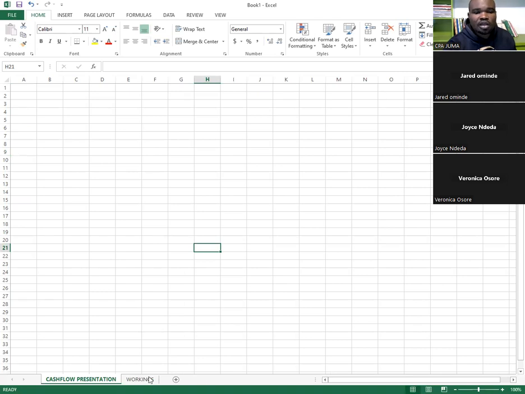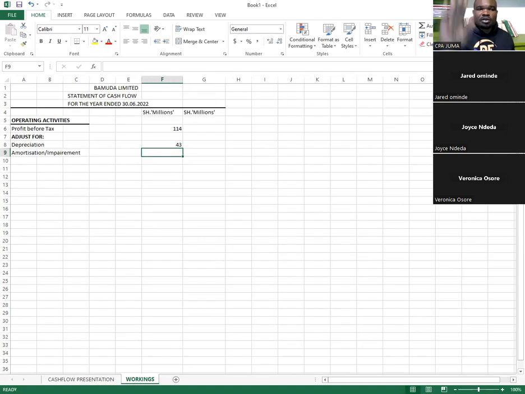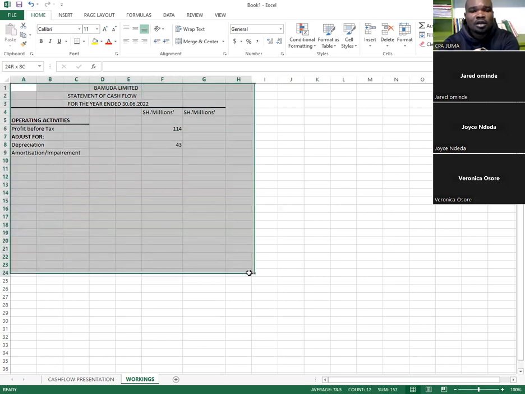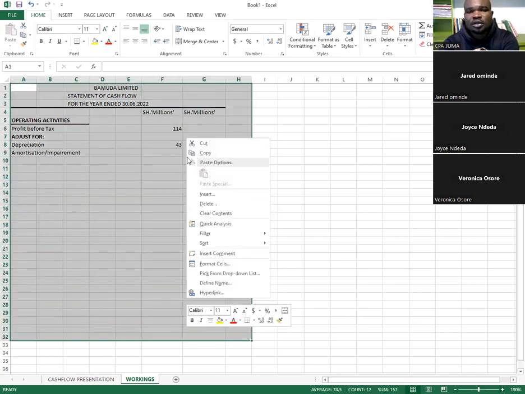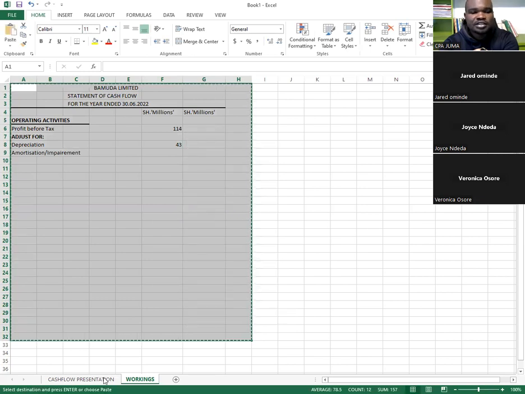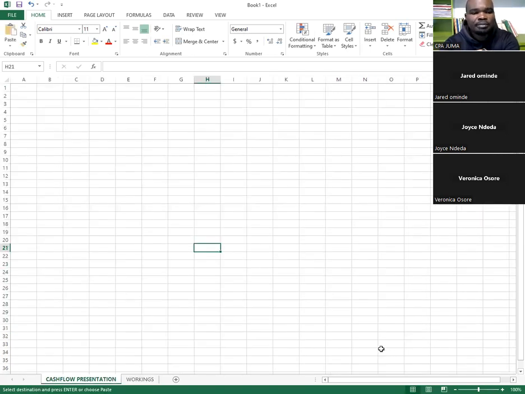We started giving the presentation where we're supposed to do workings. So that one has no problem. In fact, that is good. It's a mistake you can encounter. So what we are going to do is just to cut the entire thing, then we take it in the space it's supposed to be. It should be under presentation of cash flow.